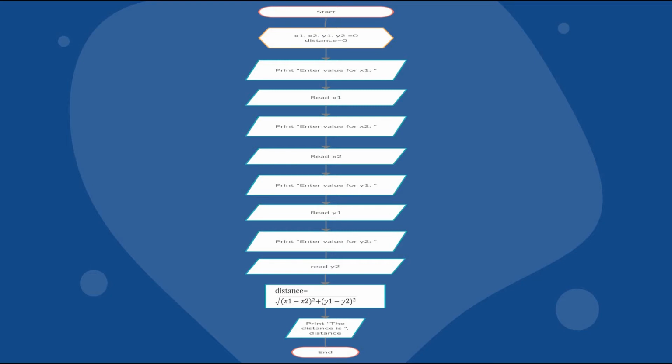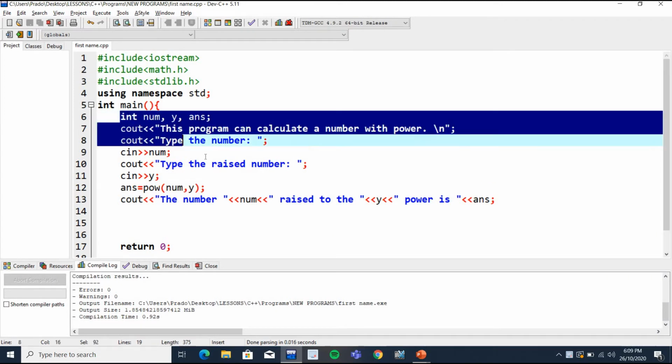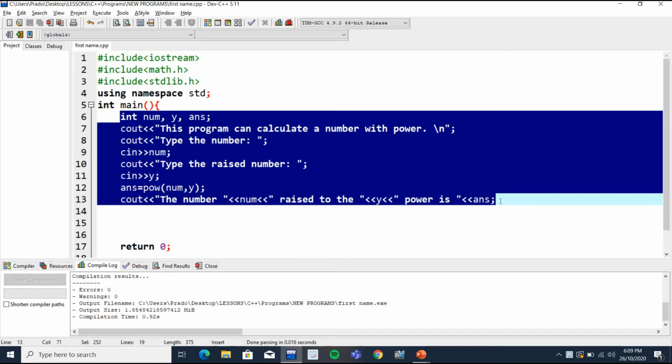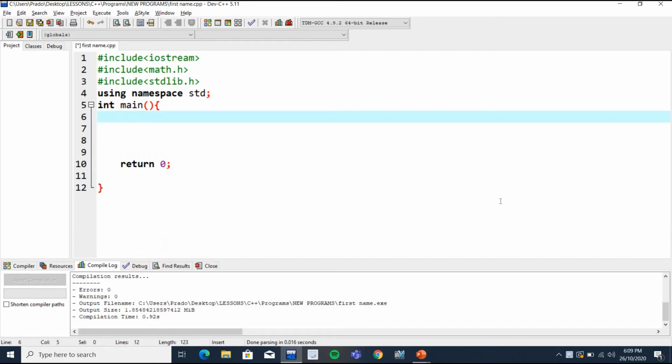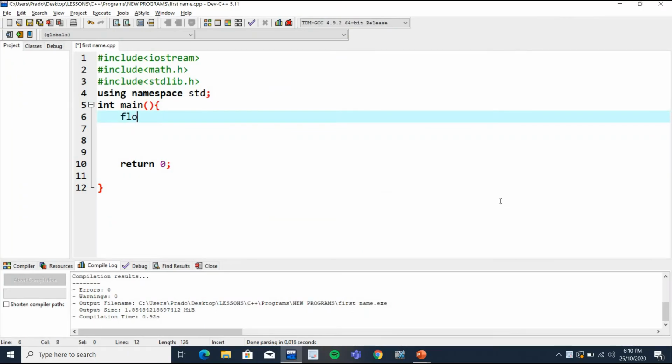So, we will try to create this program. Paano to ipoprogram sa mismong C++? So, balikan natin yung Dev C++. So, ang kailangan po natin dito is the x sub 1, x sub 2, y sub 1, y sub 2, and then yung paglalagyan po natin ng answer. So we will use the float para if ever po na may decimal, is lumabas po talaga yung mismong sagot.